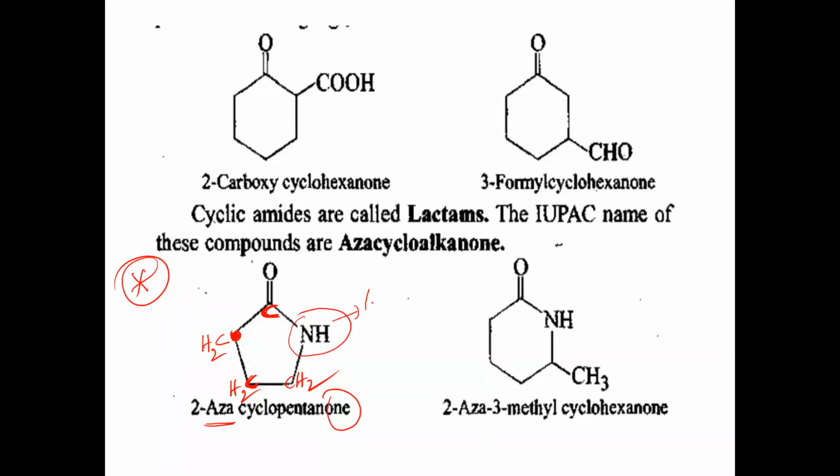So this NH is given the name AZA, and C double bond O is given the name ONE, the secondary suffix. AZA is the secondary prefix when the NH group is forming the ring. NH is within the ring.